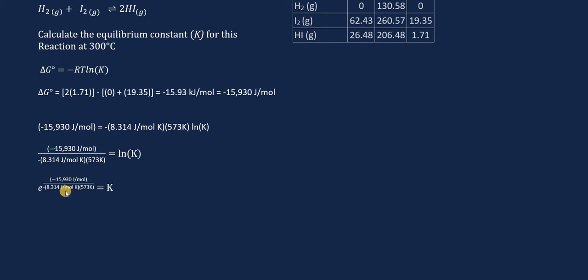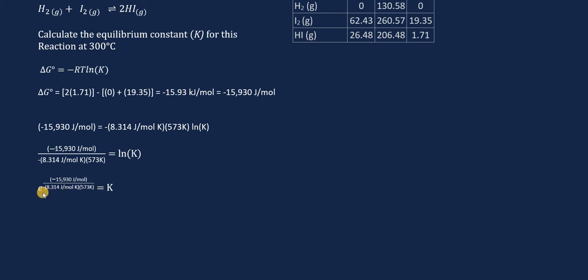Now it's kind of hard to see here because of the font, but what we've done is taken E and raised it to the power of that fraction. So this is E raised to this as a power. Ideally you would simplify this fraction down and then raise E to whatever this comes down to as a decimal.